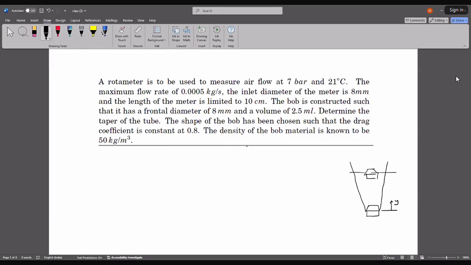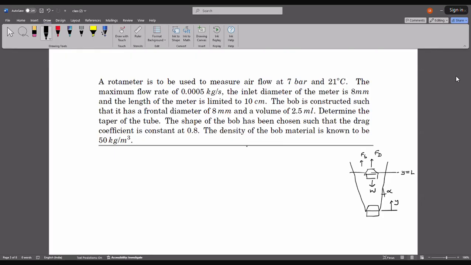This tube is tapered, and the taper angle is alpha. The final position of the bulb is a balance between the drag force, the weight, and the buoyancy force, right? We equated these three, and we found the velocity and corresponding flow rate for a rotameter.